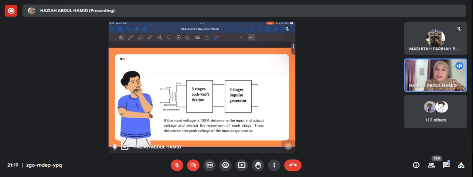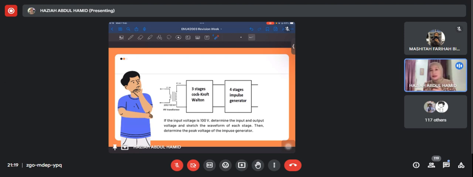Dia ada benda-benda ni. If the input voltage is 100 volt, determine the input and output voltage and sketch the waveform of each stage. Kamu nampak tak? Dulu di last class tu I already mentioned I can also design a question where I can combine all type of generation from AC, DC, impulse.